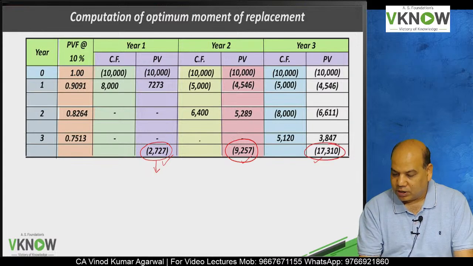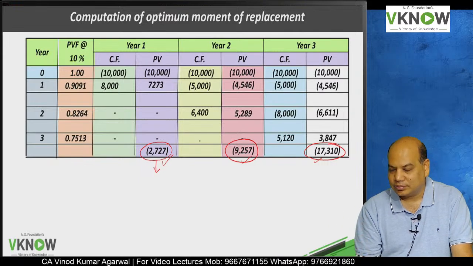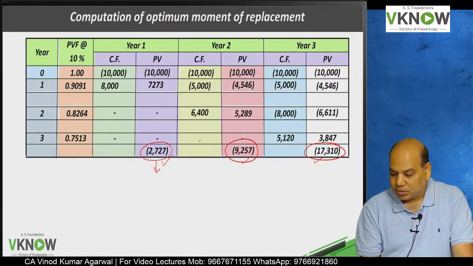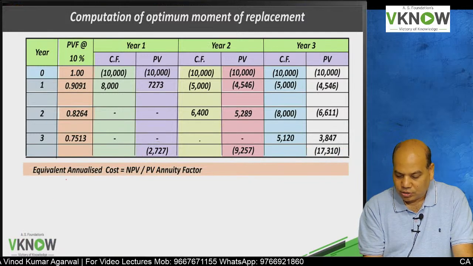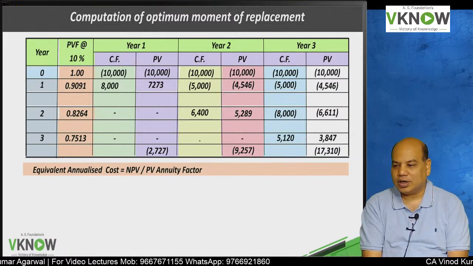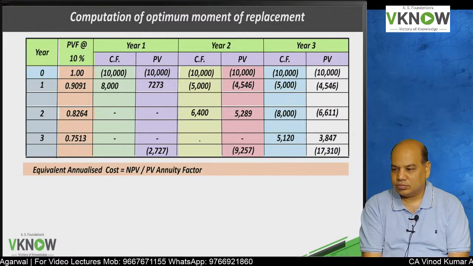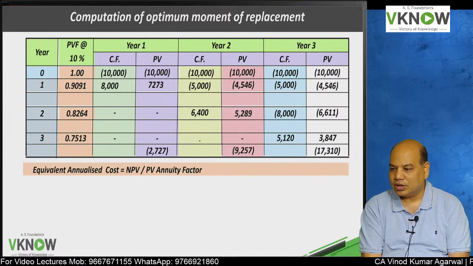Here you are getting the benefit of that moped for 3 years. So how can you compare them? So to make them comparable, I will compute equivalent annualized cost because it's a cost minimization problem.